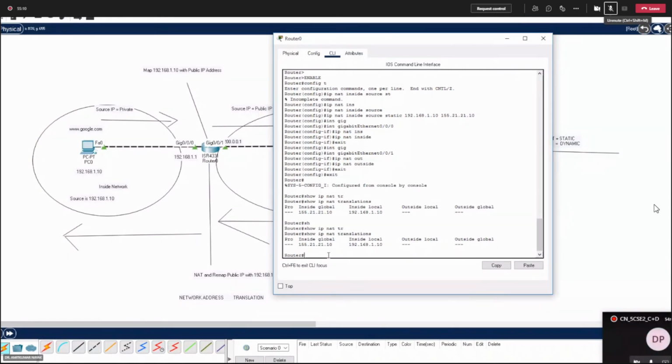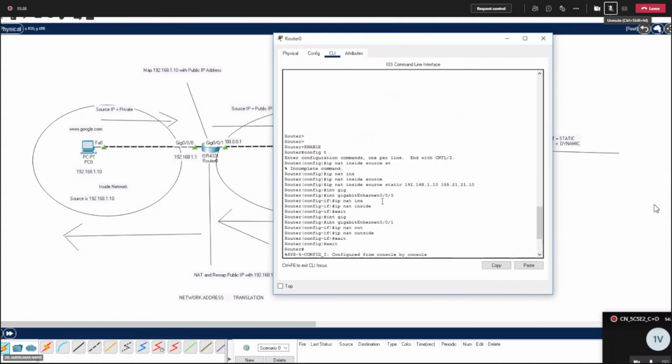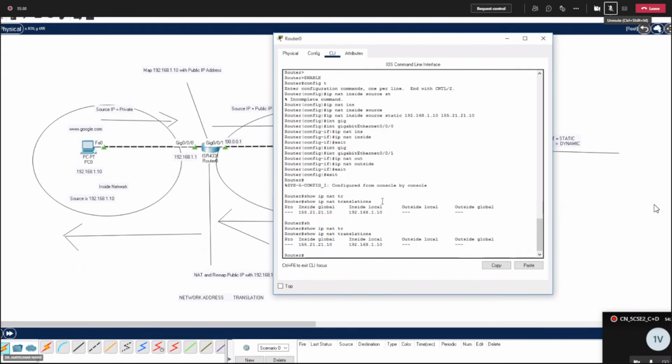Yes, sir. So inside local 192.168.1.10 is mapped with inside global 155.21.21.10. So these are the commands which you have to type, and I have already recorded this session, so you can refer to this session later on.